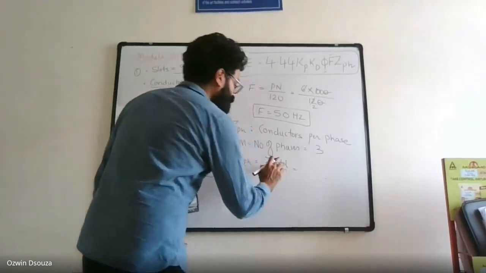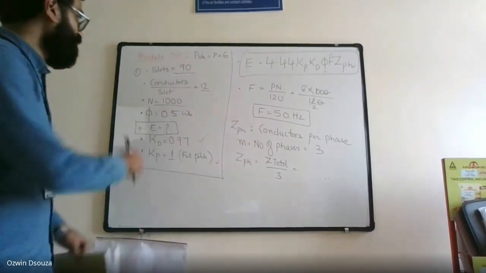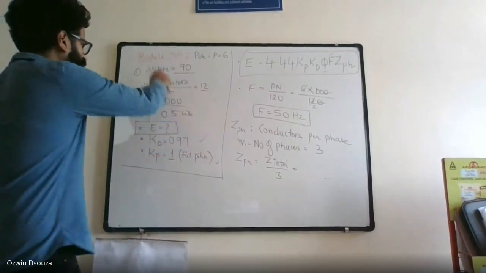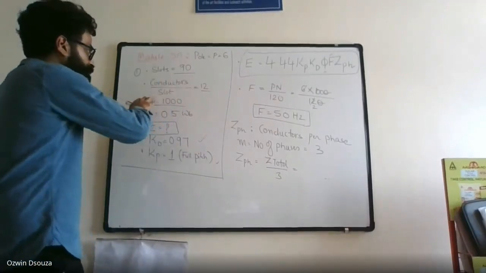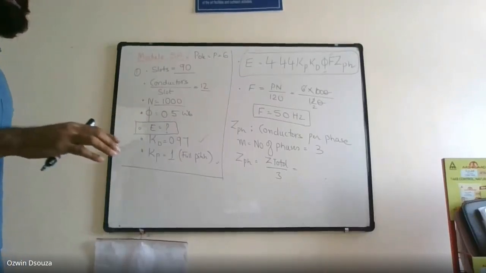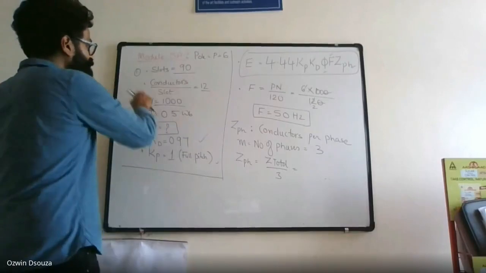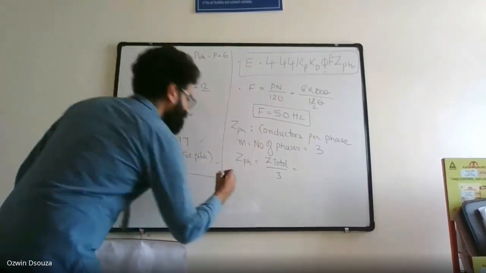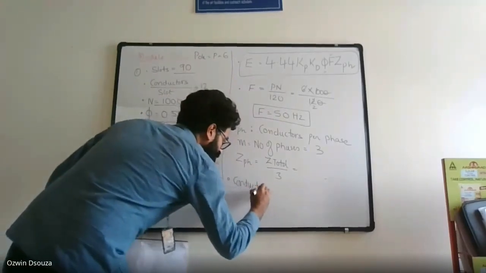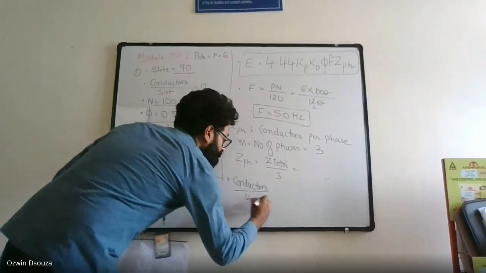So firstly you need to calculate Z total. So how do you find Z total? Do we have any direct information about Z total? No, it is not given, right? There is no data which says the total number of conductors is so much. Instead, we have been given this data: conductors per slot. So first you write down conductors per slot.